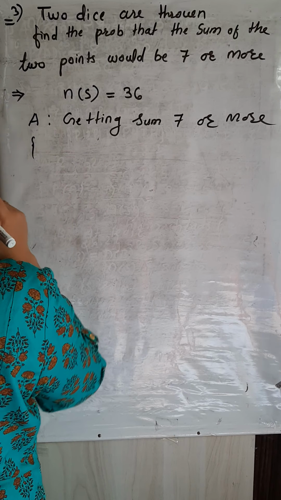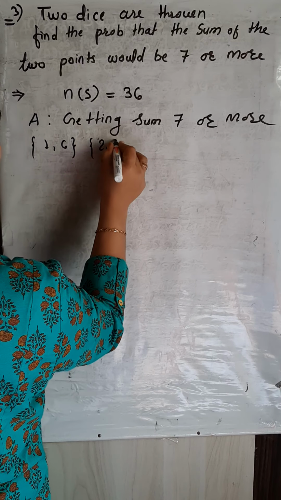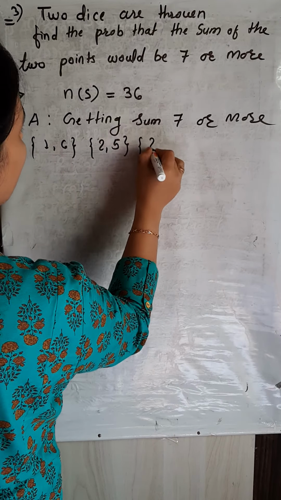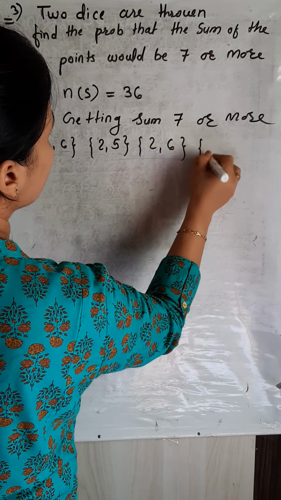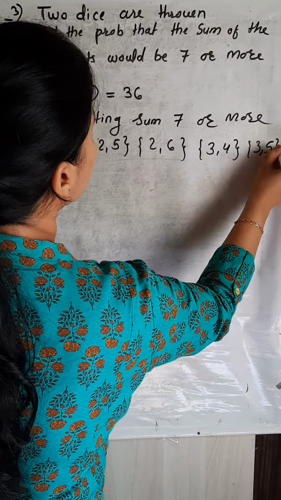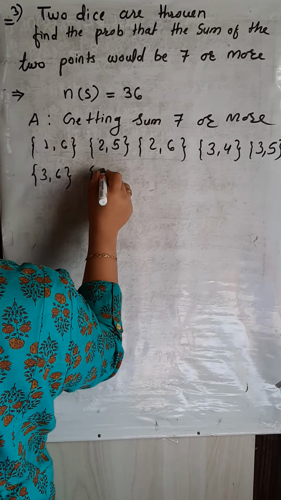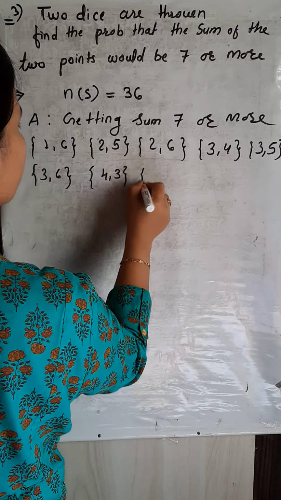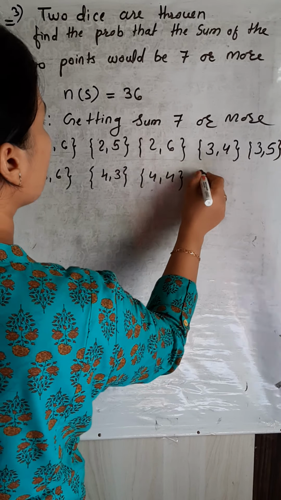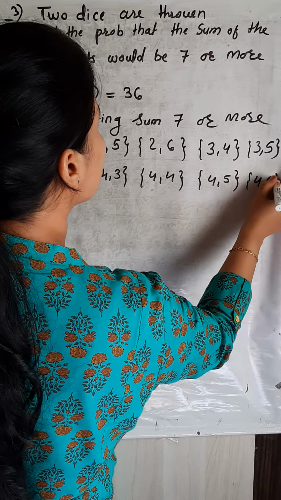In the first line, we get 1 comma 6. In the second line, 2 comma 5, 2 comma 6. In the third line, 3 comma 4, 3 comma 5 and 3 comma 6. In the next line, 4 comma 3, 4 comma 4, 4 comma 5, 4 comma 6.